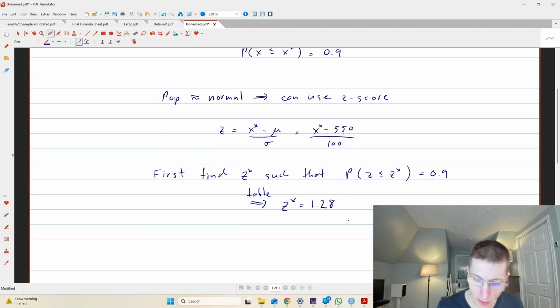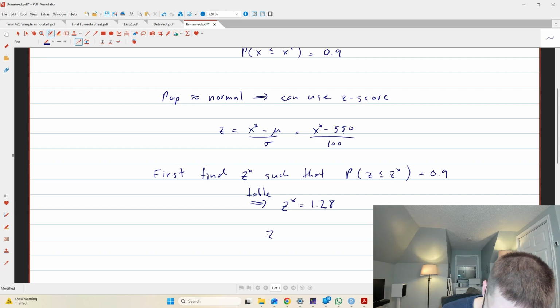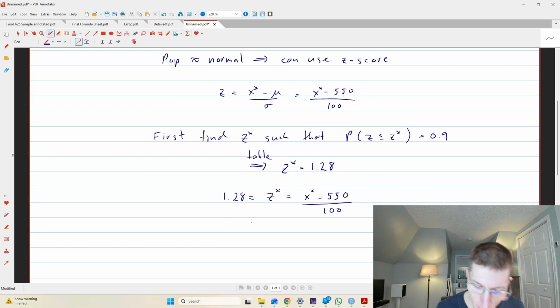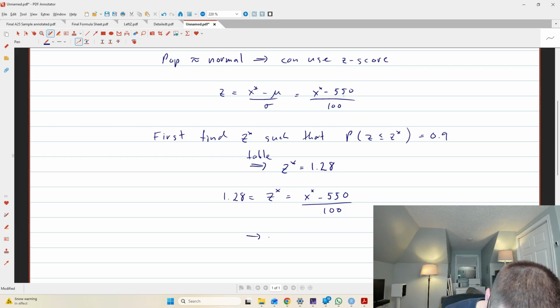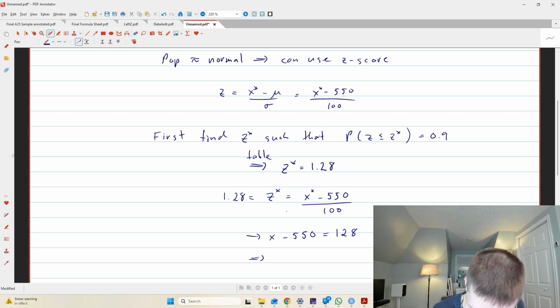Then we just figure out what X star should be. Z star equals X star minus 550 over 100, and the Z star we just found was 1.28. So X star minus 550 equals 128. Oops, that's supposed to be a star.